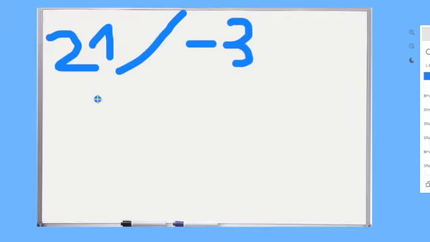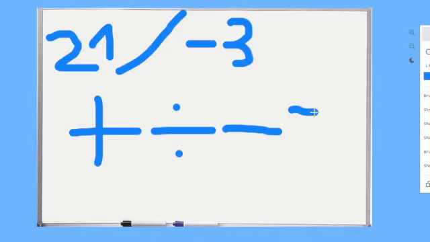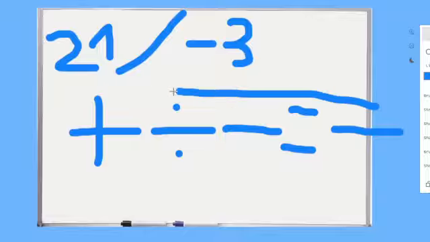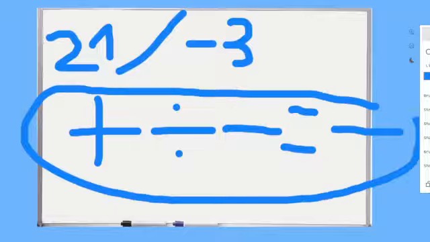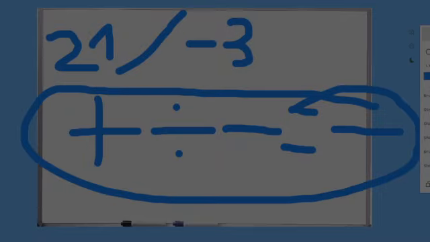And so what you need to know is that a positive divided by a negative is equal to a negative. So this is the formula that we're going to be using for dividing 21 by -3. Okay? First, we need to know what 21 divided by 3 is.